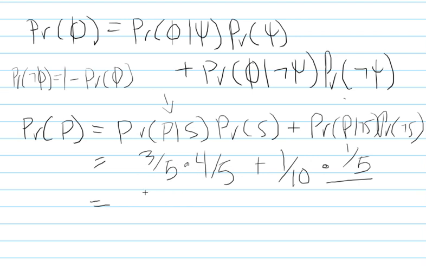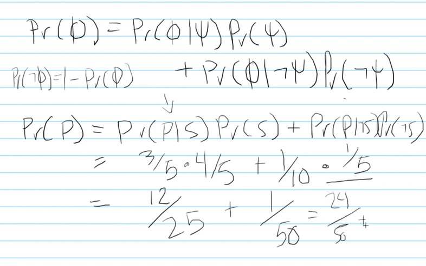Working through this, 3 times 4 is 12, 5 times 5 is 25, and then 1 times 1, and 10 times 5 is 50. To even out these denominators, we multiply the numerator and denominator of the first fraction by 2, so we get 24 over 50 plus 1 over 50, which equals 25 over 50, which is 1/2.